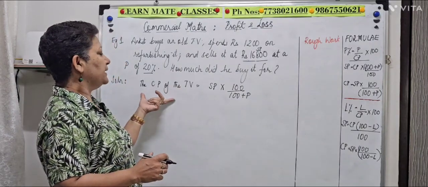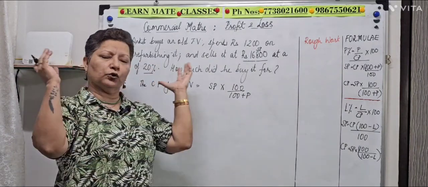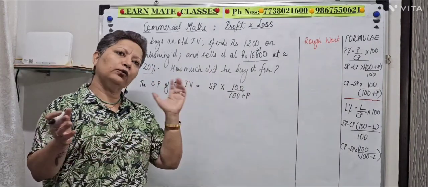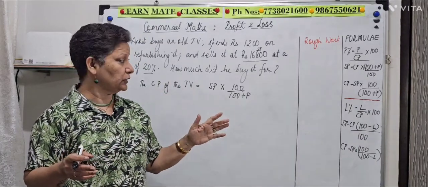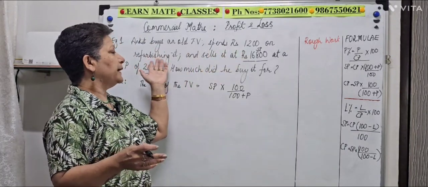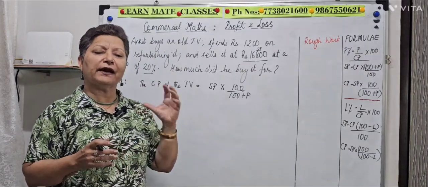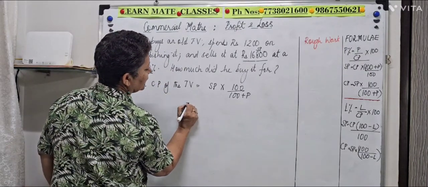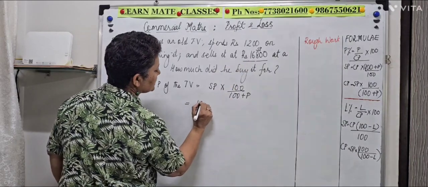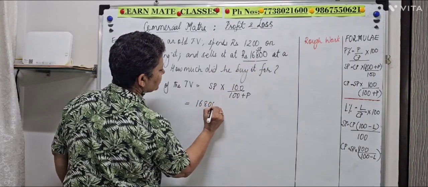Whatever cost price I get at this stage will be the total cost, including what he spent on transporting if there was a transporting charge, including what he spent on refurbishing. So let's at least find out that total cost. Let's write down what our selling price was. It was 16,800.